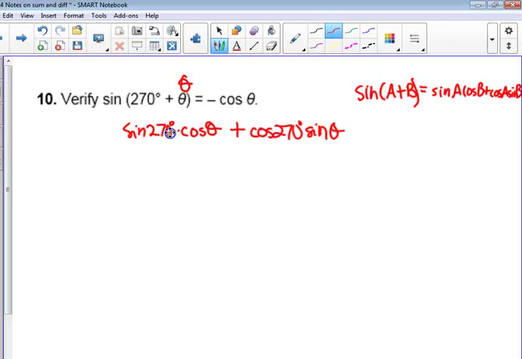Did you get sine 270 cosine theta plus cosine 270 sine theta?